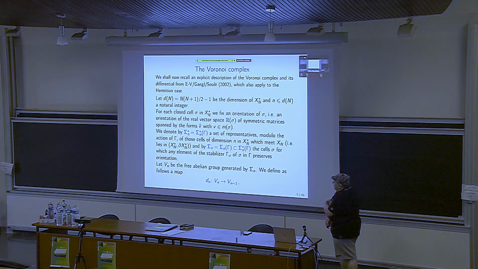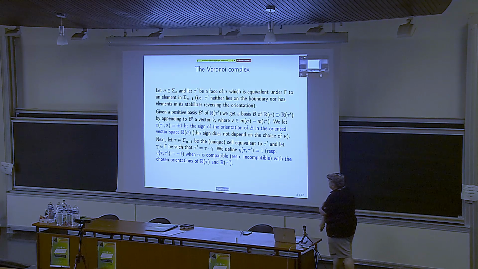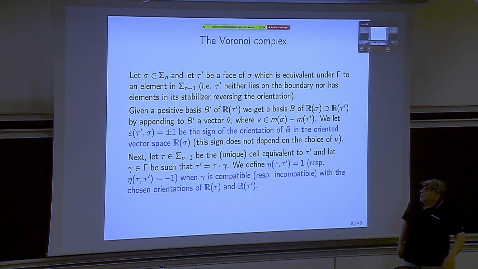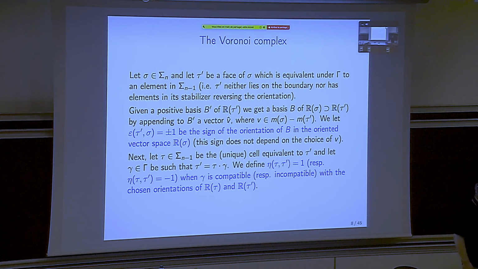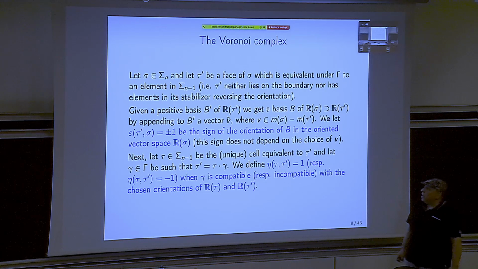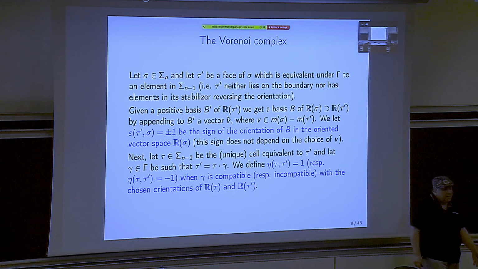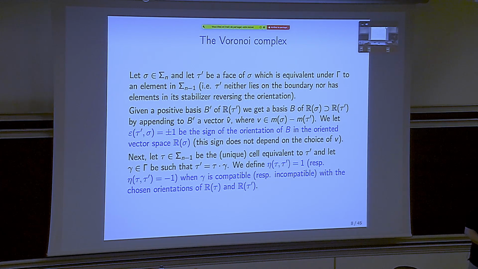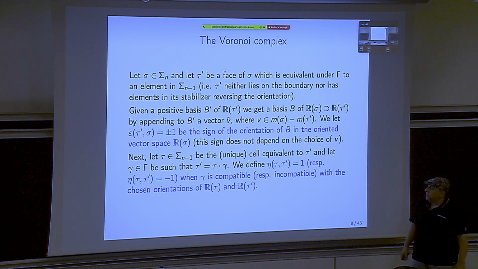Okay. Now we have to build this differential. It's something that we did in the early 2000s with Gangl and Soulé. As far as we know, we were the first to give explicitly this differential.